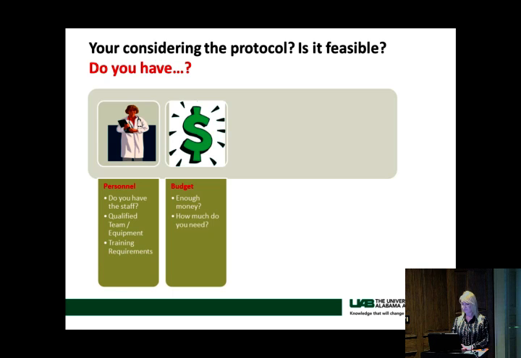The budget. Do we have enough money, and how much do we need? This isn't an easy process. It is one of the most critical processes that you need to do once you've decided to move forward, because you don't want to do a study that is not feasible as far as finances go. We always work in an academic place.